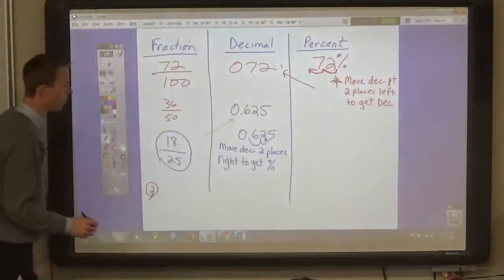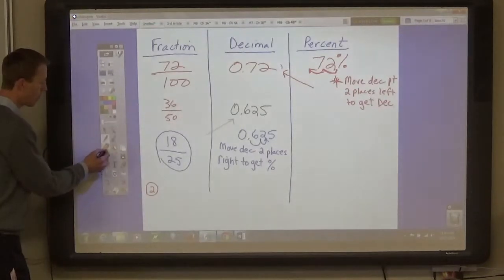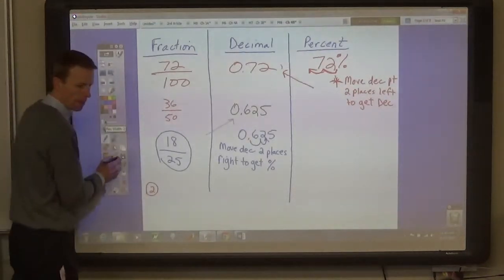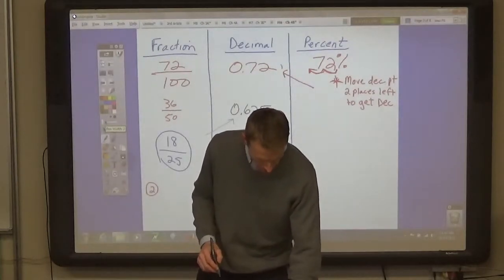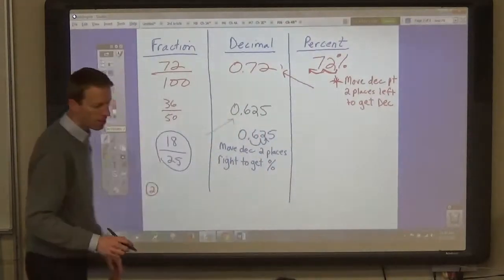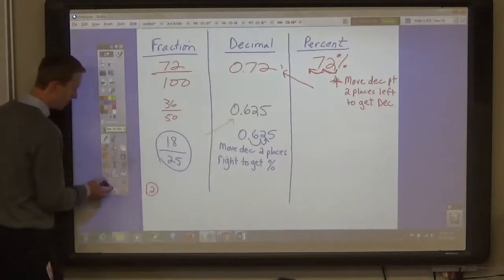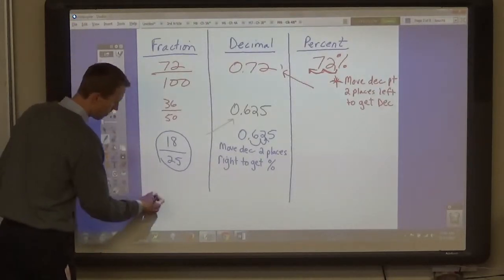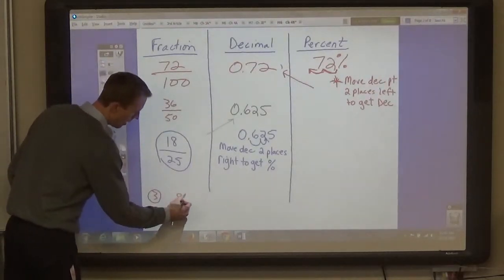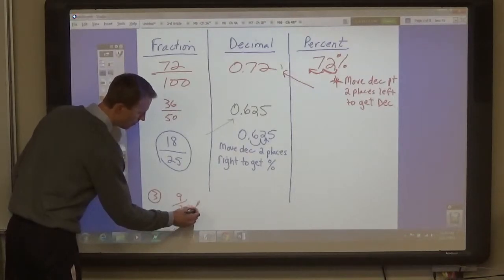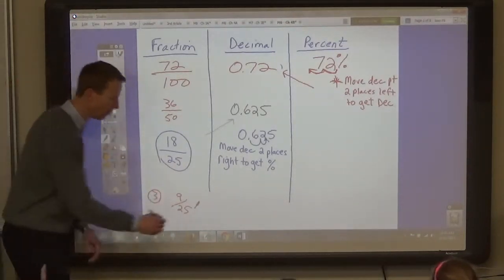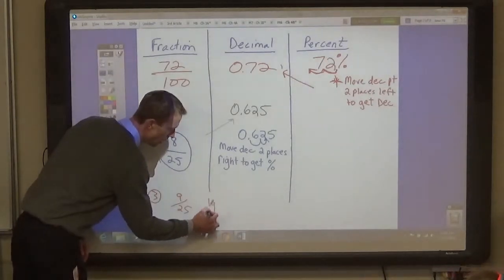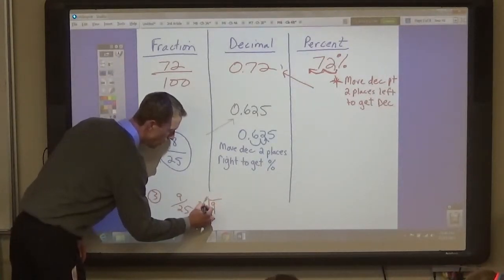Oh, 2 is 34. All right. Let's start with 9. Let's do number 3. Okay. 9 25ths. What do we have to do? Divide 9 by 25. 9 divided by 25.